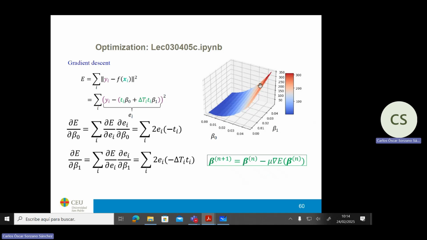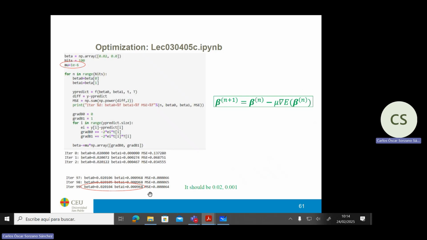If the function is smoothly behaved, it doesn't matter where you start, you will end at the ground truth, so it converges to 0.02, 0.009. The ground truth is 0.001, so much better than before.